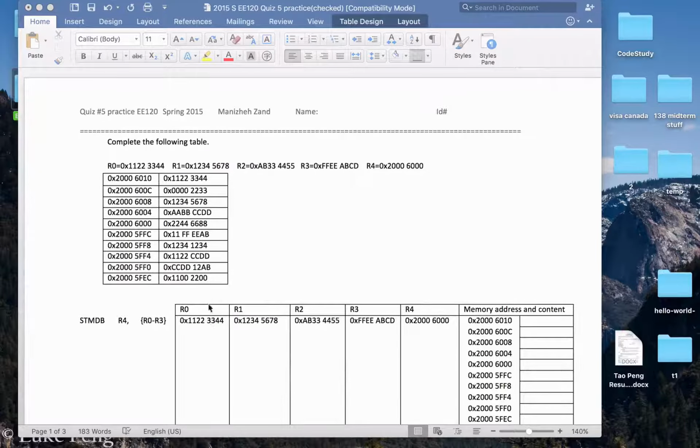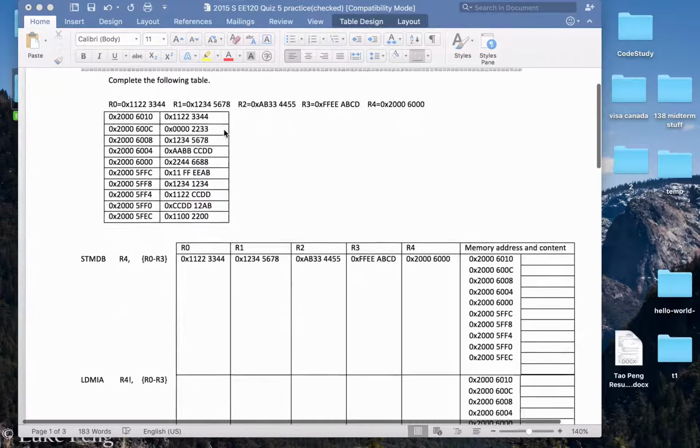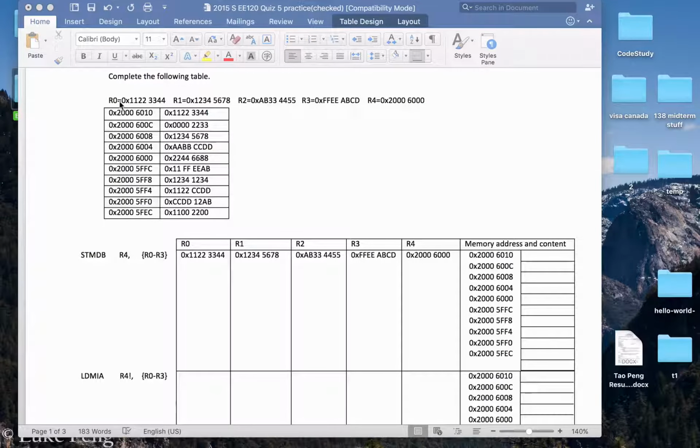For this one, this is their practice quiz. I think you guys have that. I say right here, R0, R1, R2, R3, and R4 have their original values.